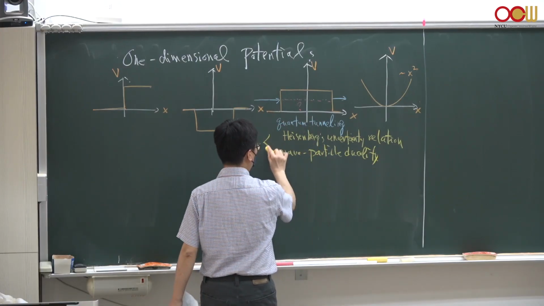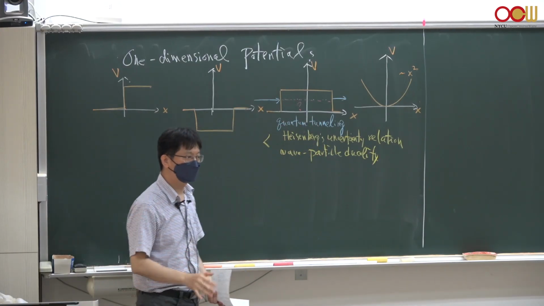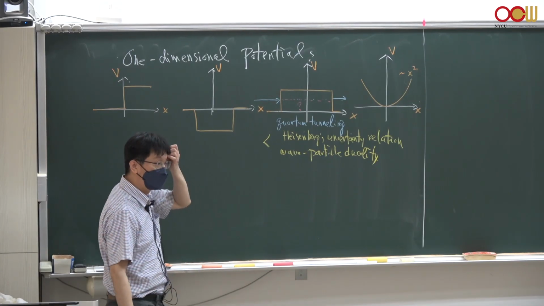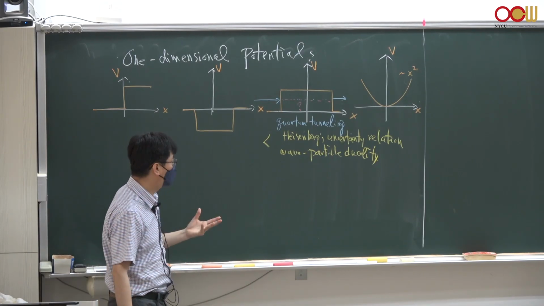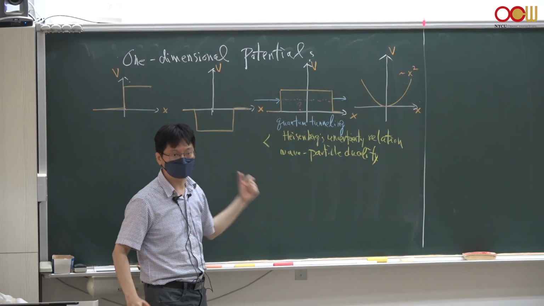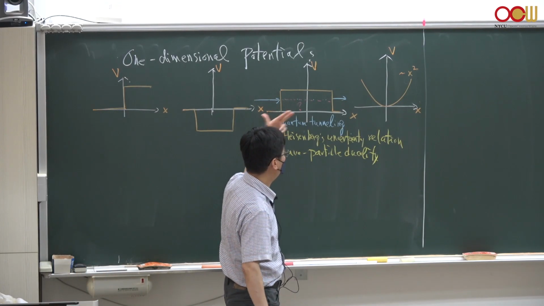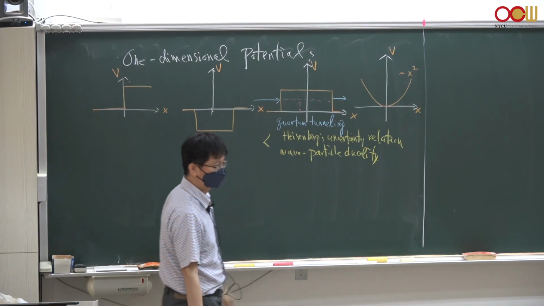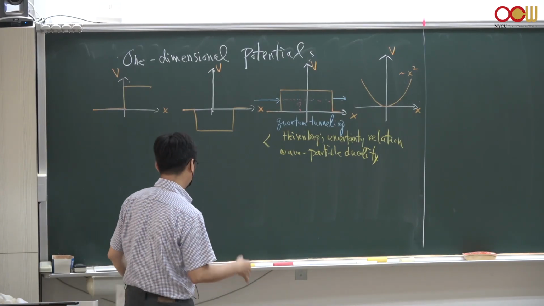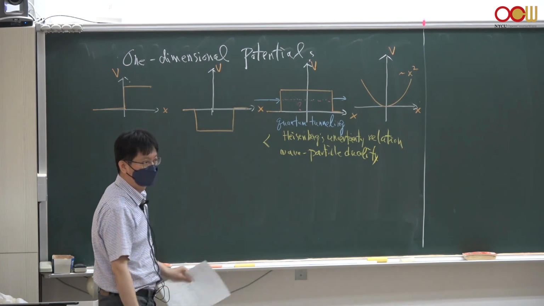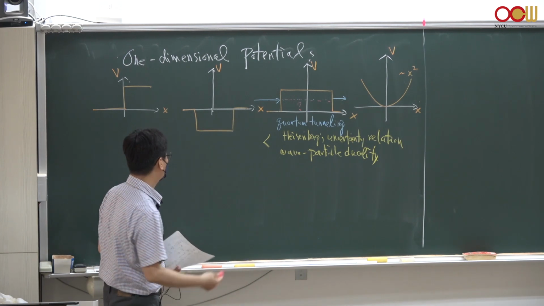So these two are the fundamental principles of quantum mechanics that I emphasized many, many times in the past, and these principles will come back when we discuss quantum tunneling. You need these two principles to understand what is going on here. And another important new concept is the so-called quantum bound state.